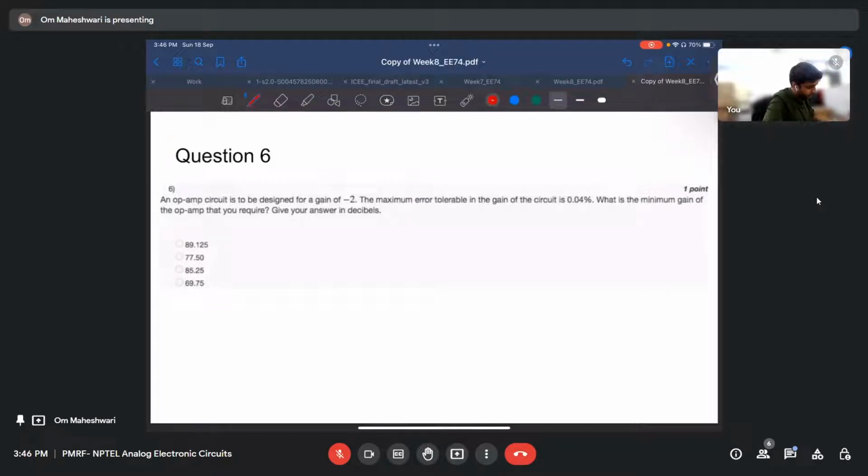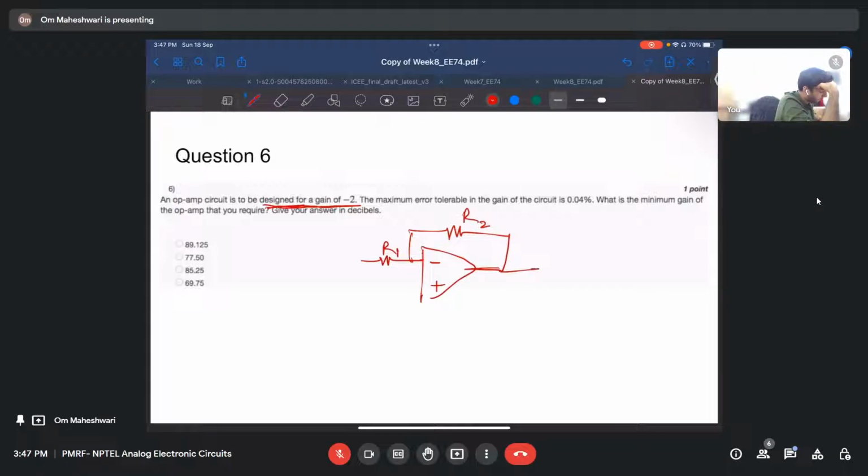Okay. So this question is a bit confusing, so I'll try to clarify what they want to ask. They are saying that the op-amp is to be designed for a gain of -2. So how do we get -2 gain? Say we take some R here, minus plus, and another R here, let's say R1, R2, ground, and we apply some V in.